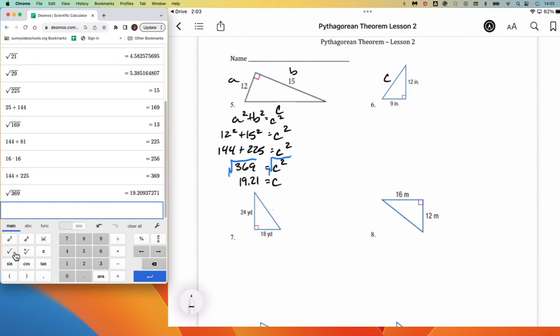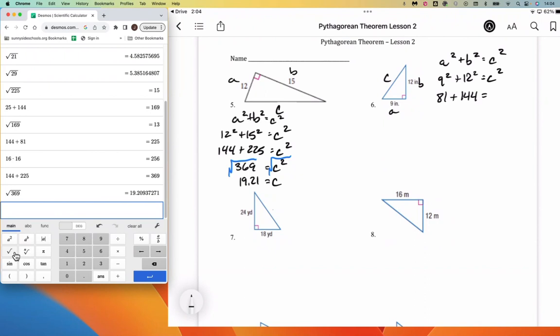Here we have c. Call this a, call this b. A squared plus b squared equals c squared. And so we have a is 9, b is 12. We get c squared there. And so we have 9 times 9 is 81. 12 times 12 is 144.